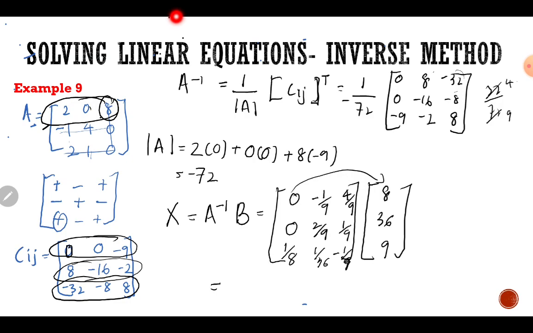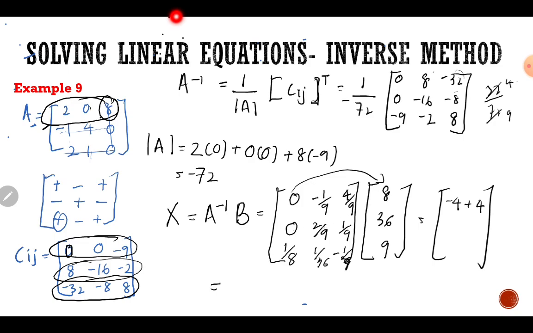Kosong darab 8, kosong. Negatif 1/9 darab dengan 36 is negatif 4. Okey, negatif 4 tambah dengan 4/9 darab 9, 4. And then kosong darab dengan 8 is kosong.